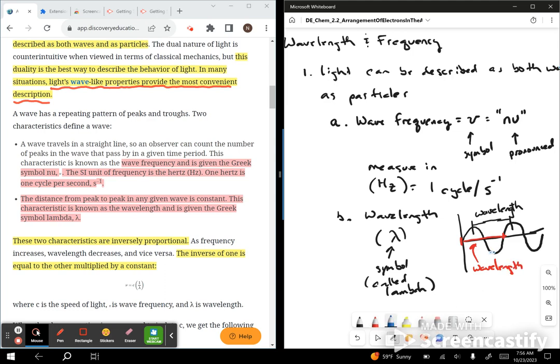Or you could say from this point to this point is a wavelength. Okay, it doesn't matter.